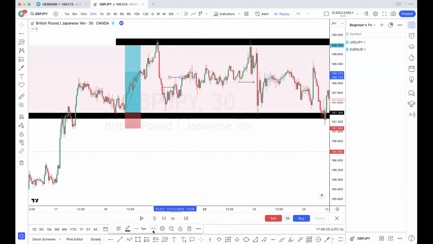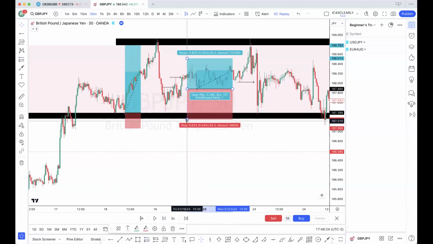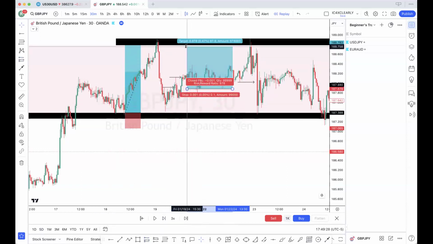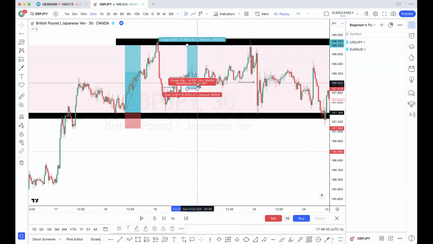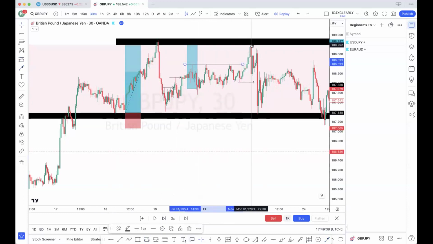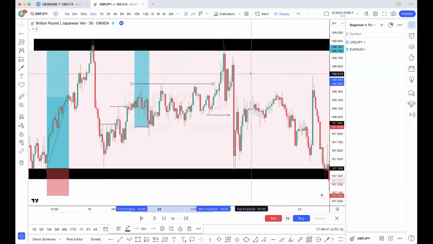So now I'm waiting for price to come back to here. And I'm just going to leave that right there. And then you can take that up to the zone. And then the next break for me would have been this zone here. And so the next inefficiency would have been right here.